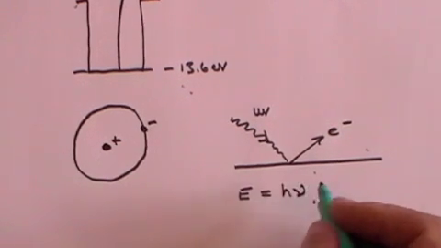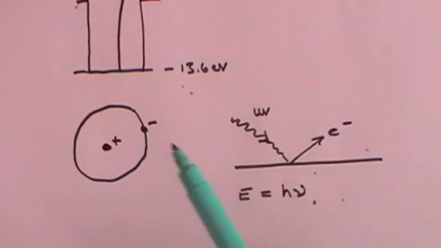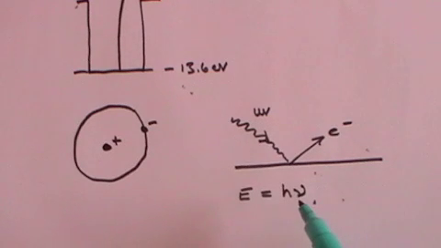It's Planck's constant times the frequency of the light. So, in other words, the higher the energy you need, the higher the frequency of the light you have to use. And for hydrogen, for example, 13.6 eV, which is what this energy would have to be, turns out to be a frequency in the ultraviolet range, which is why you'd have to use ultraviolet light.